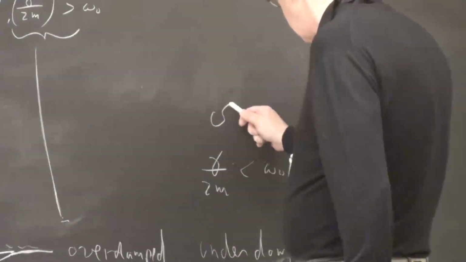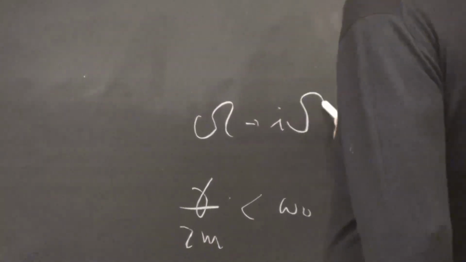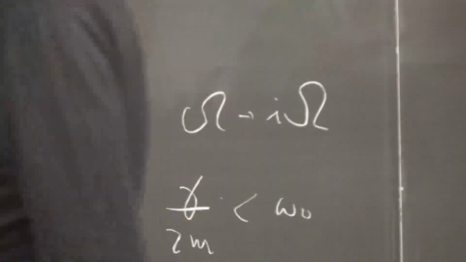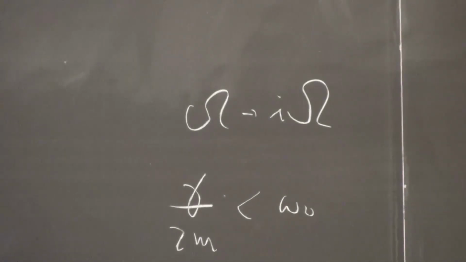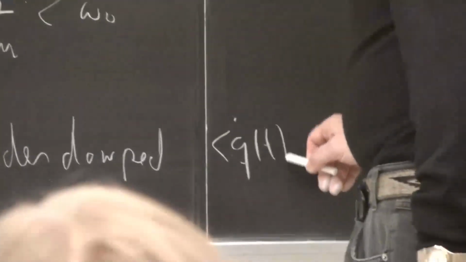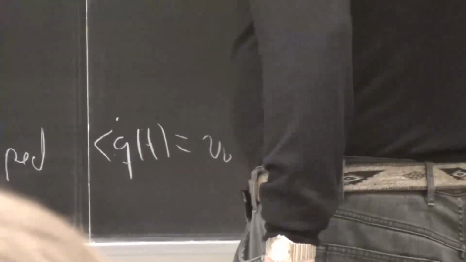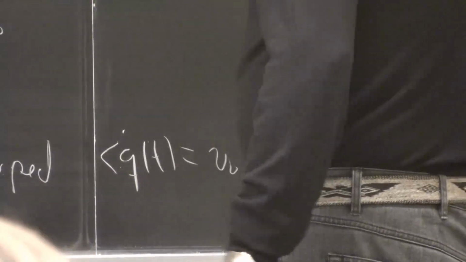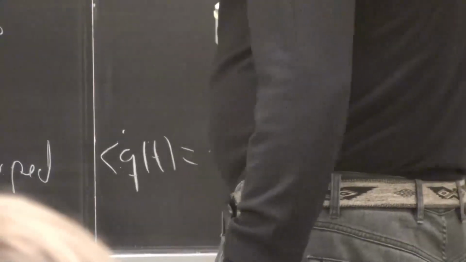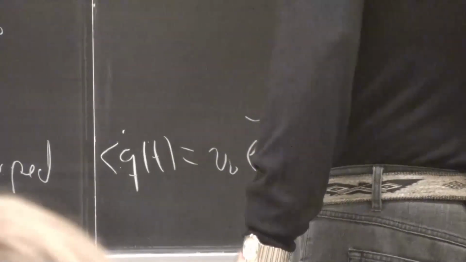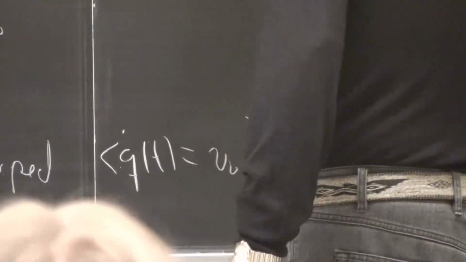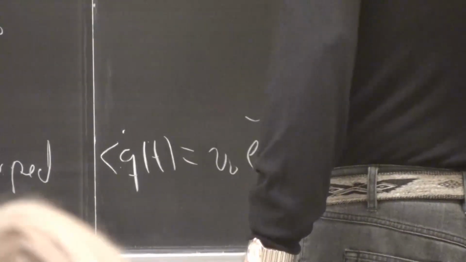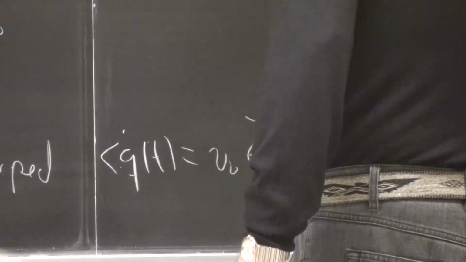So we have now omega goes to i times something real. So you're getting here a minus sign, so you absorb it into factor i, and then you are getting q dot of t is equal to just the same v0 e to the minus gamma t over 2m. And now, however, you're getting cosine omega t minus gamma over 2m omega sine omega t.